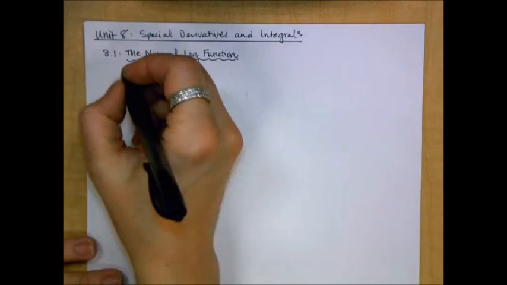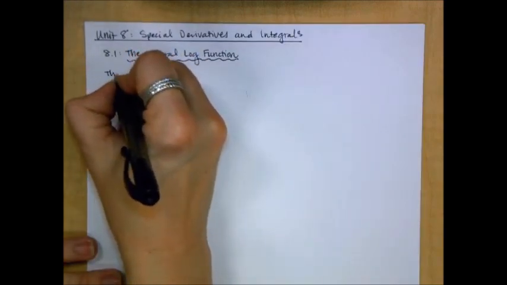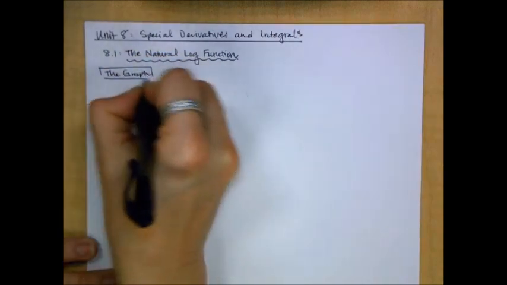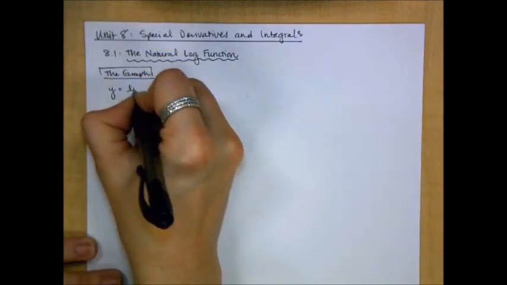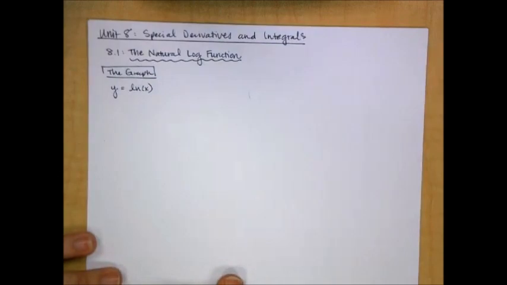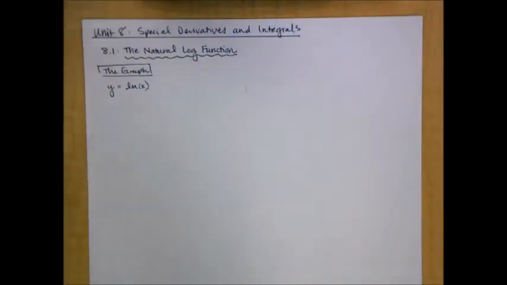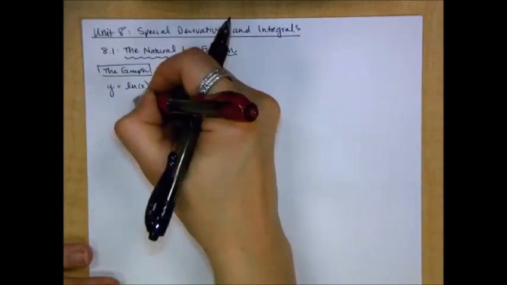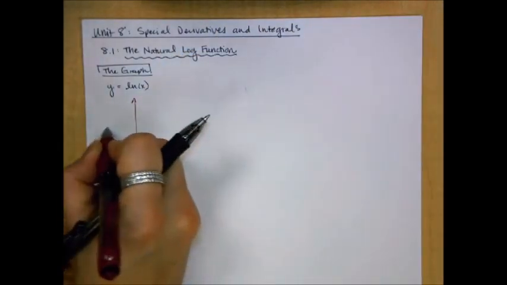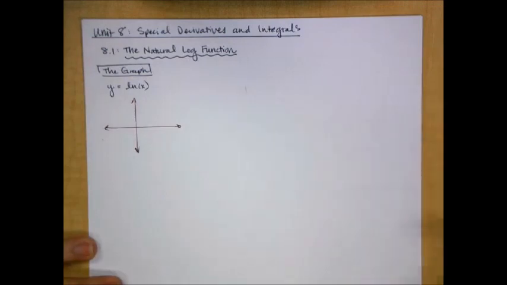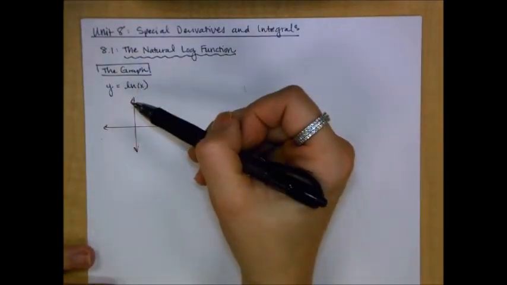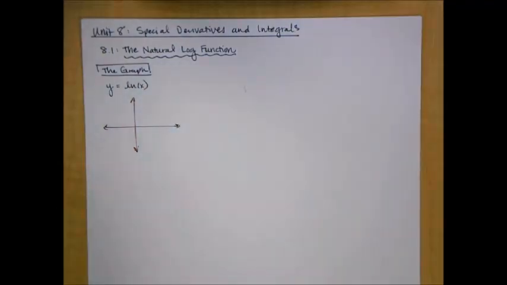So we're going to start with the graph of natural log x. All right, so we start with the fact that natural log x is just the reciprocal function of e to the power x.